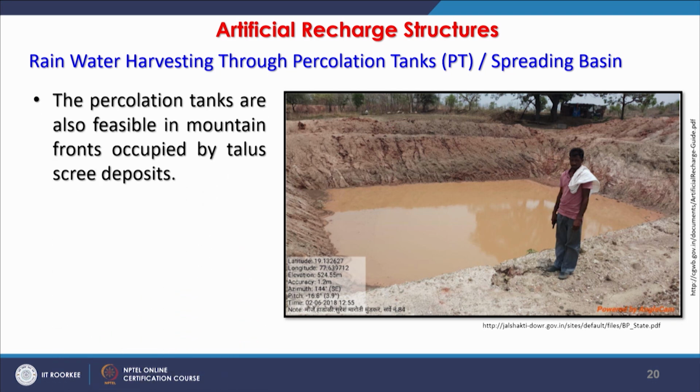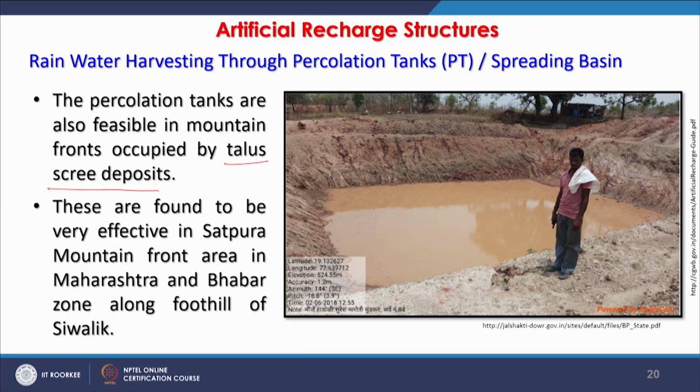Another example is that percolation tanks are feasible in mountain fronts occupied by talus scree deposits. So, in all kinds of places, all kinds of geologic formations, these can be constructed. In hilly terrain also these are being done quite well. It is a part of good practices of watershed management.